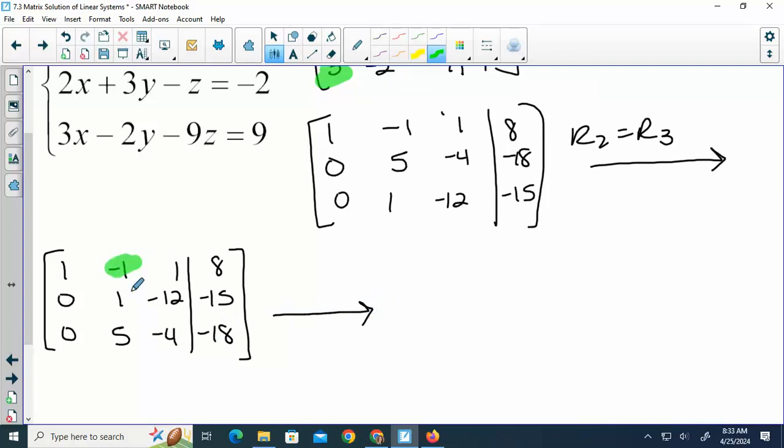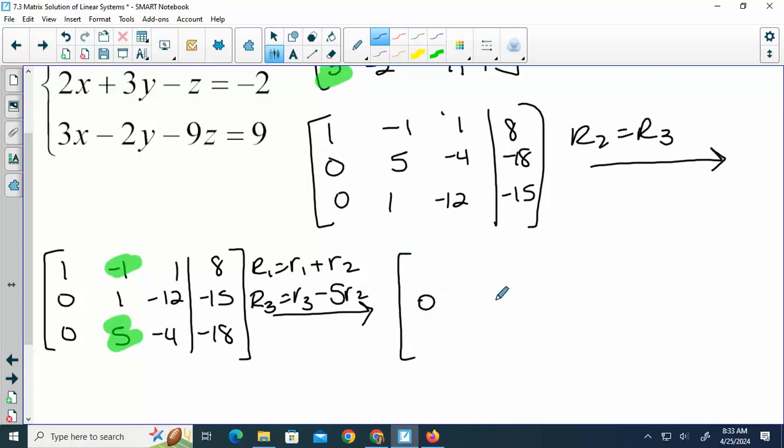Now we need both of these to be zeros. So, starting with row 1, it's a negative, so we have to add row 2. Row 3, starting with row 3, it's a positive 5, so we need to subtract 5 of row 2. So row 2 is the one we're using because it didn't change.